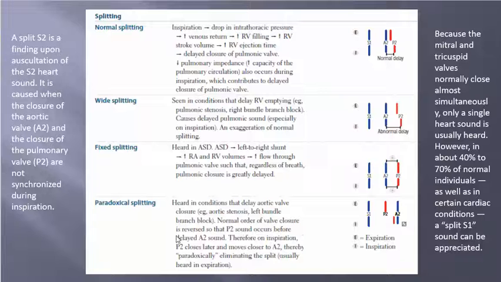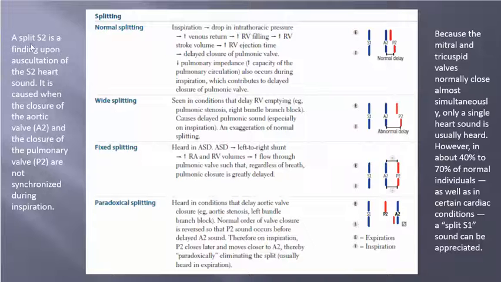Normal order of valve closure is reversed so that your pulmonary sound 2 occurs before delayed aortic sound 2. Therefore, on inspiration, your pulmonary 2 sound closes later and moves closer to the aortic second sound, thereby paradoxically eliminating the split. Okay? So here you got a reversal, A2 to P2, and here this is reversed.